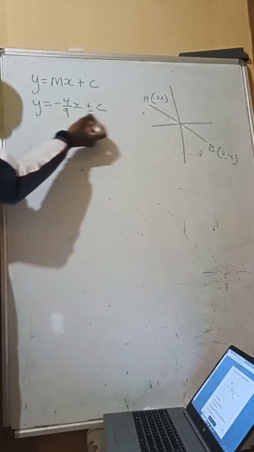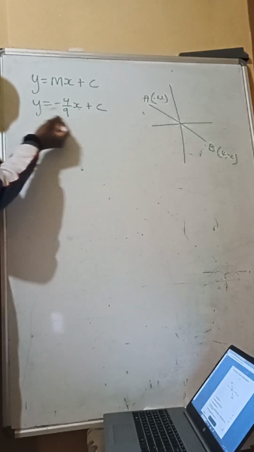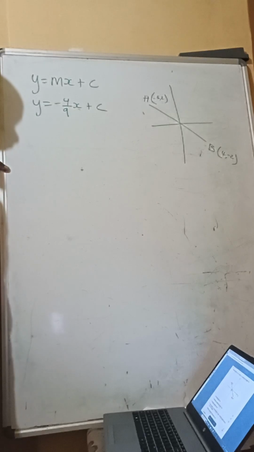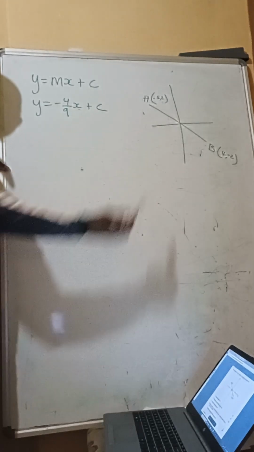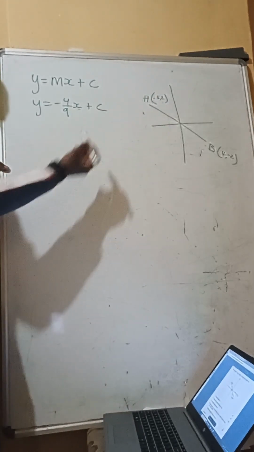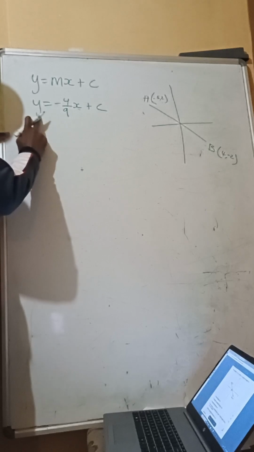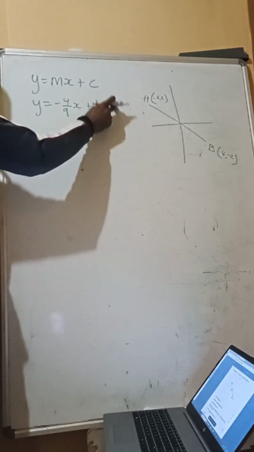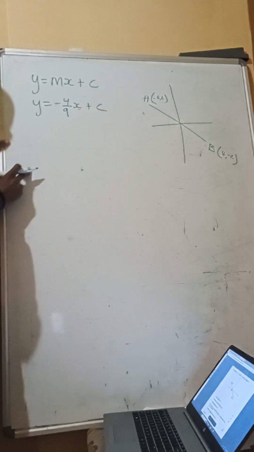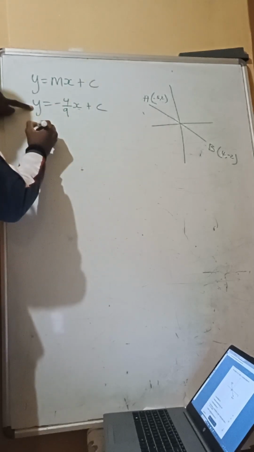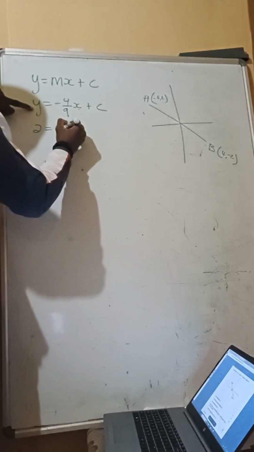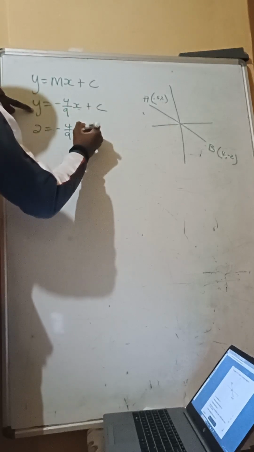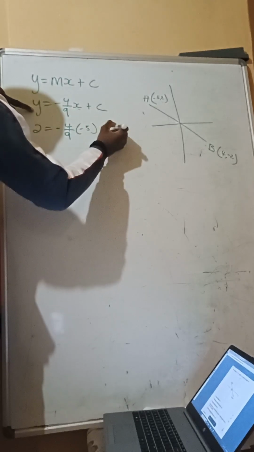But now let us, for x and y, we take any point here on the Cartesian plane. So let's take the points of A. So here on y, we're gonna put the y value. Here on x, we put the x value in order for us to get the value of c. So y is gonna be 2 is equals to minus 4 all over 9 into our x is gonna be minus 5 plus c.